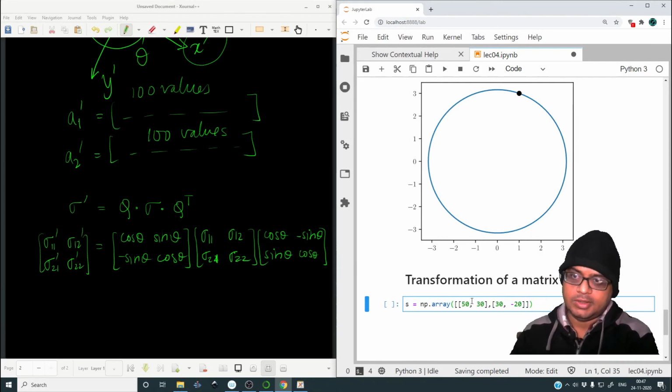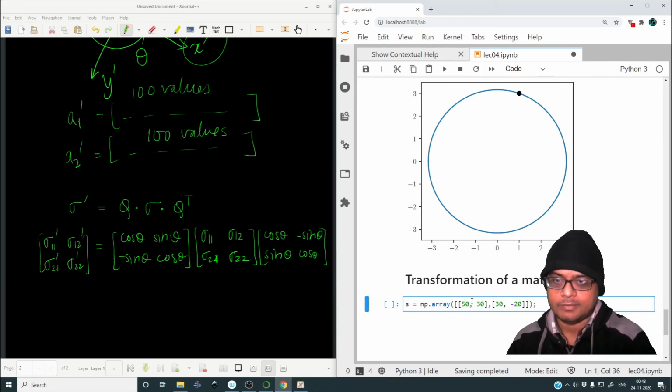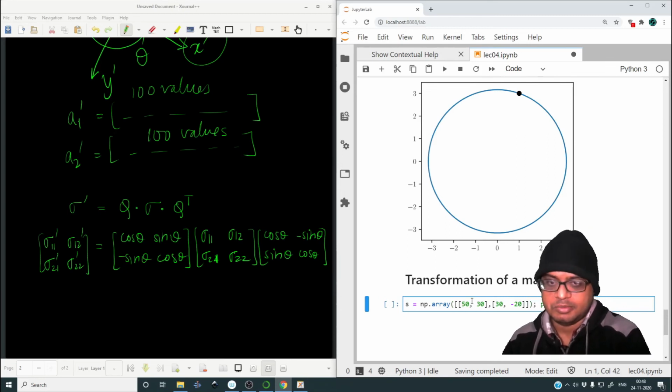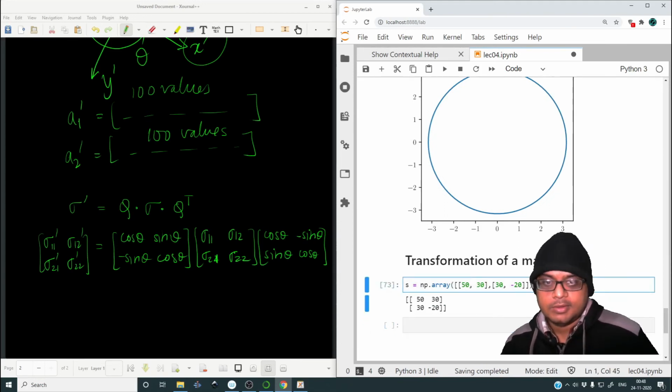So typically the tensors, so there's a difference between a tensor and a matrix, but this is not the course to discuss that, but typically it is symmetric. So let us print out what S is. So S is this matrix. Okay, so let me remove this print.